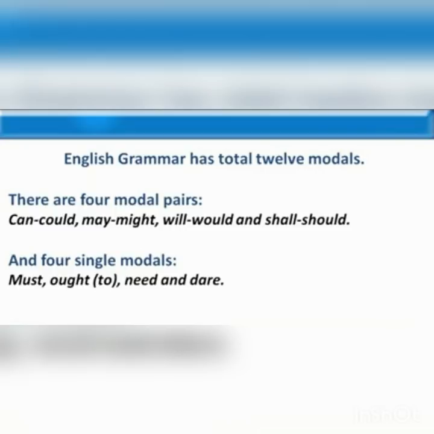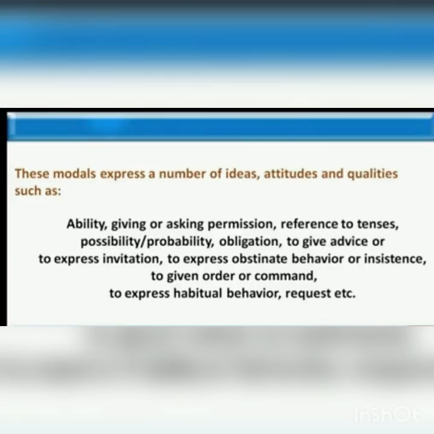We will know that also. Must, ought. Now whenever we are using ought, we have to go with ought to. Okay, so ought to, need and dare. These are the 4 single modals.